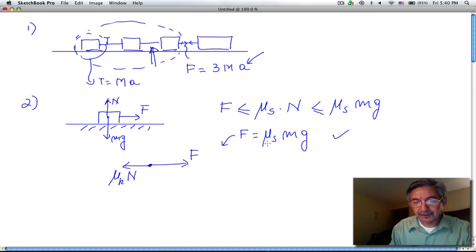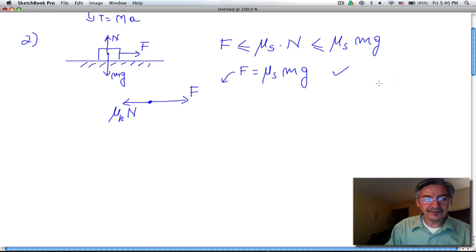So if you keep pulling with this force, then the net force now is going to be the difference between these two.